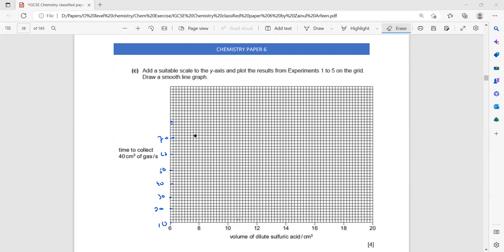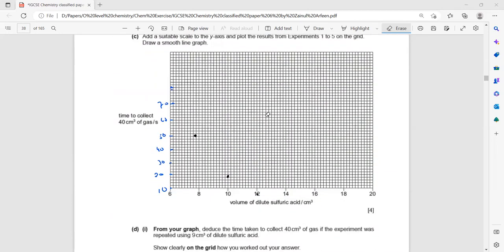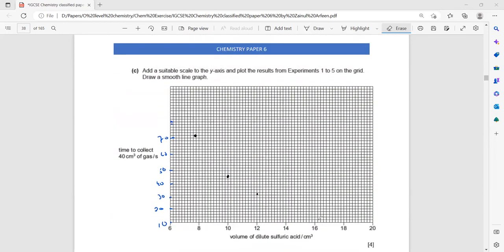I'll roughly sketch. The second experiment it was 45, the third 33, the fourth 23, and at 20 it was 16. So 16 will be somewhere here. So we have to draw a smooth line graph.